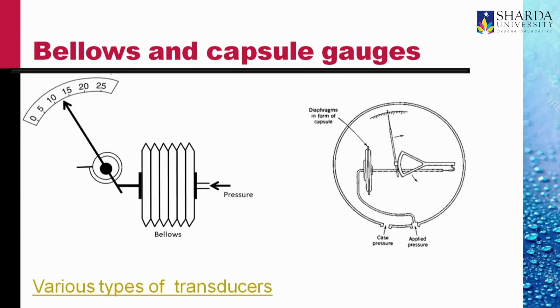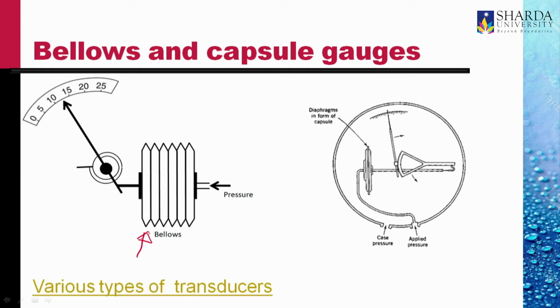There are other types of gauges that use bellows and capsules. In this first picture, there is one pressure which is applied on the outside of the bellows.